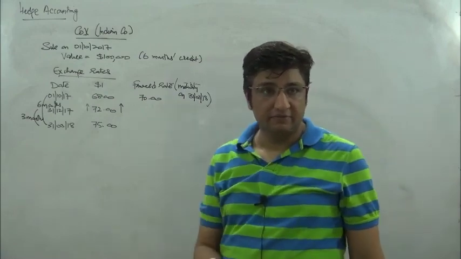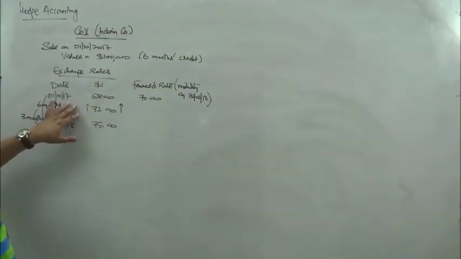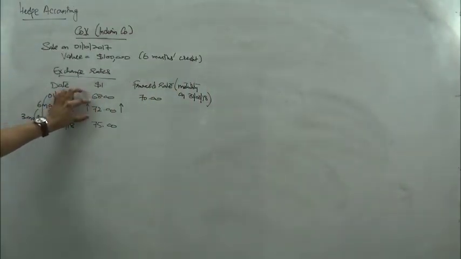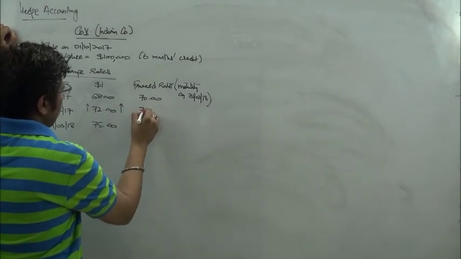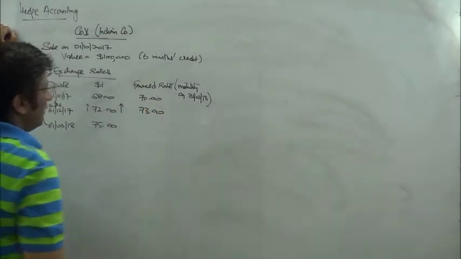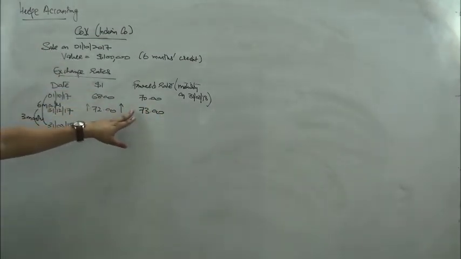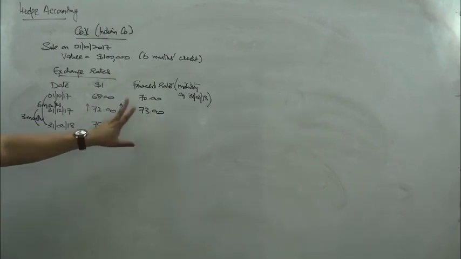But then when I reach this date and the dollar is already sitting at 72, there could be a likelihood where I'm able to get into this contract at 73. What does it mean?